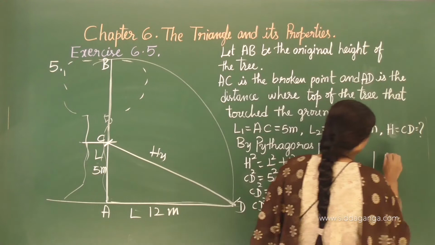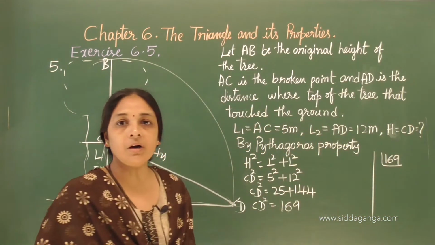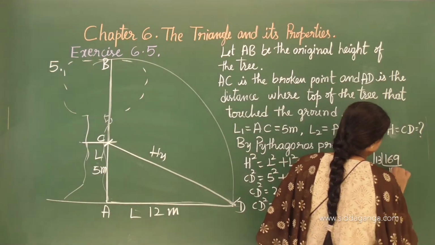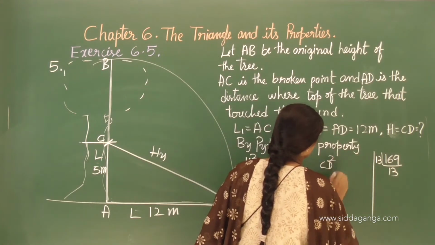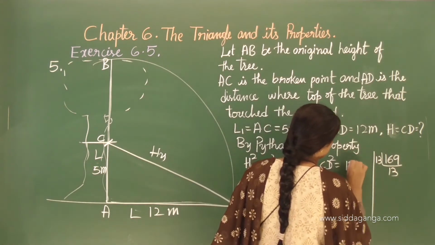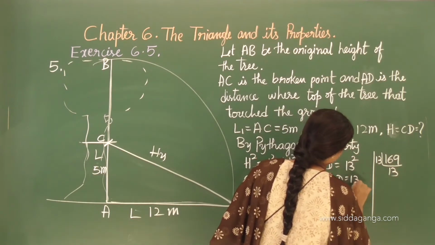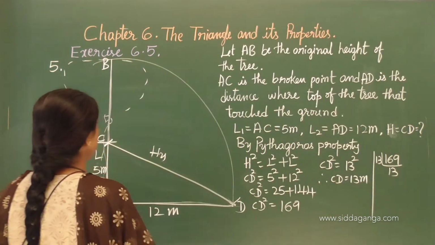To find CD, we take the square root of 169, that is 13, since 13 thirteens are 169. Then CD squared can be written as 13 squared. Therefore, CD is equal to 13 meters.